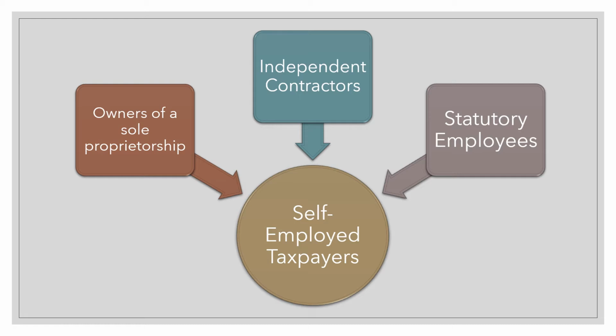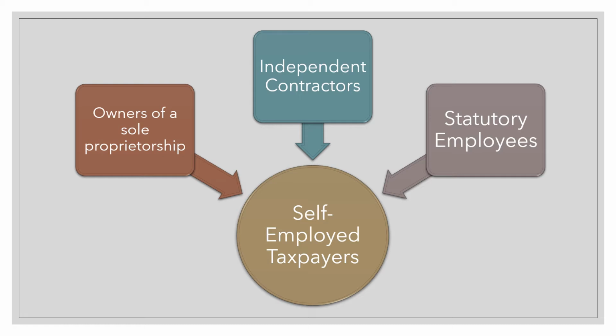But it is important to note that sometimes businesses incorrectly classify certain individuals, and there's incentive to do so because for an employee, the employer has to pay part of the employment taxes, where an independent contractor pays the full amount, both the employer and the employee portions of that tax.